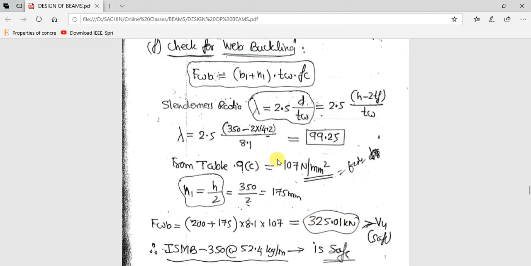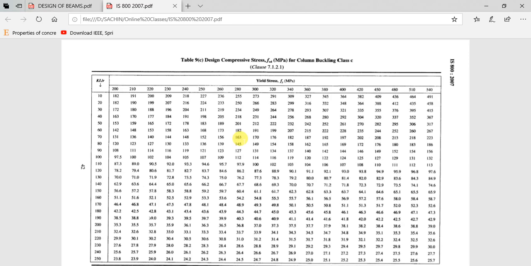So let me tell you how to get the value of FC from table 9C. First we calculate the slenderness ratio here. So this is table 9C. Using the calculated slenderness ratio value, and for Fy of 250, you will get the value of FCD.